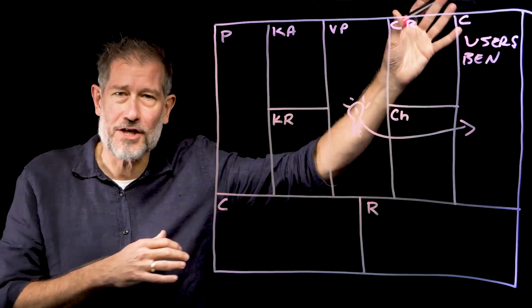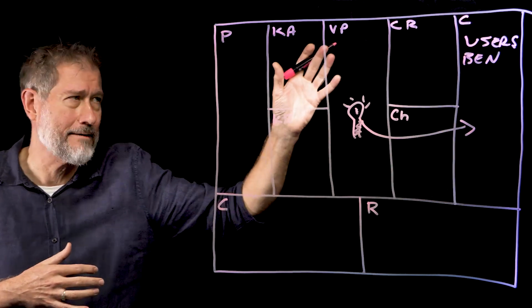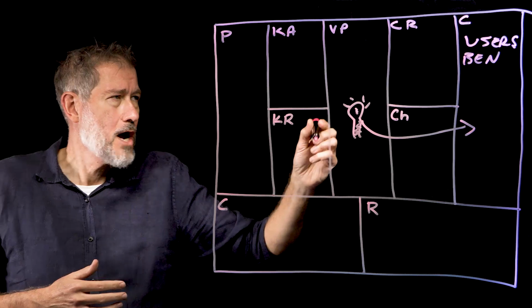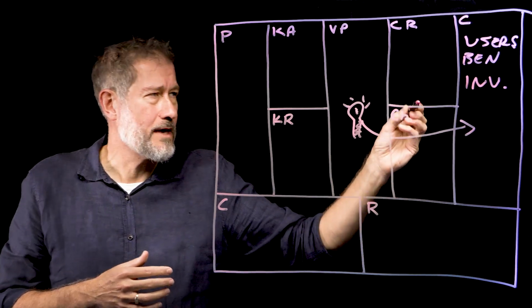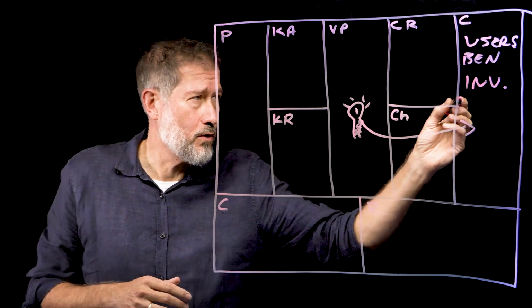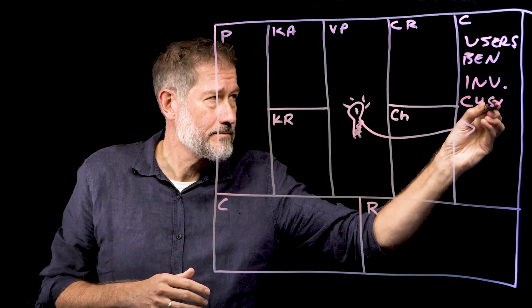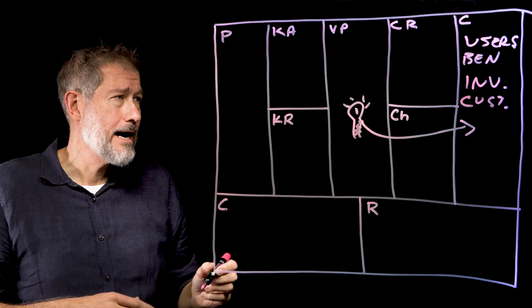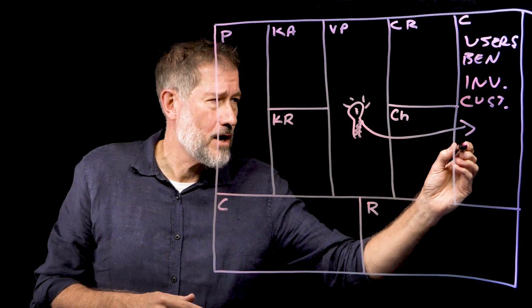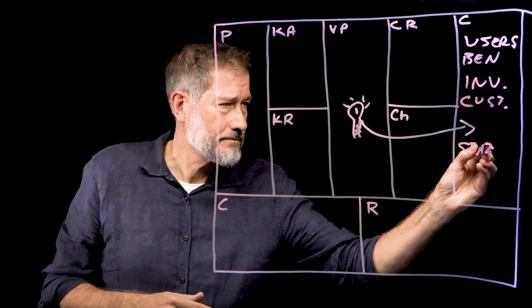So in this section over here, we're not just talking about users and beneficiaries. We're also talking about investors. We're talking about companies, or let's call them customers, an organization that's going to take your idea to the marketplace. And let's call this whole category stakeholders.